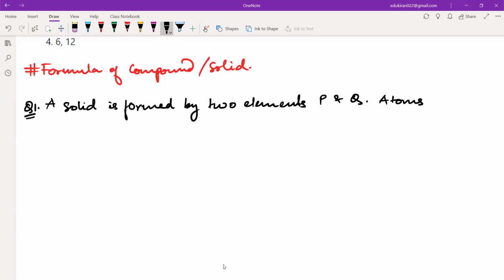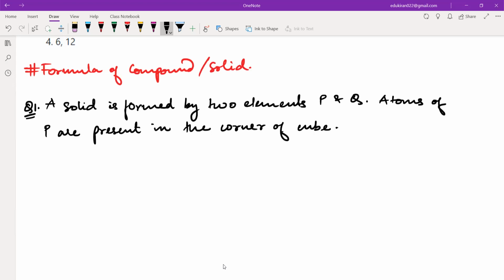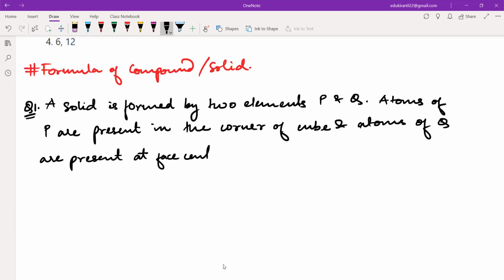Atoms of P are present in the corner of a cube, and atoms of Q are present at face centers. Derive the formula of the solid.